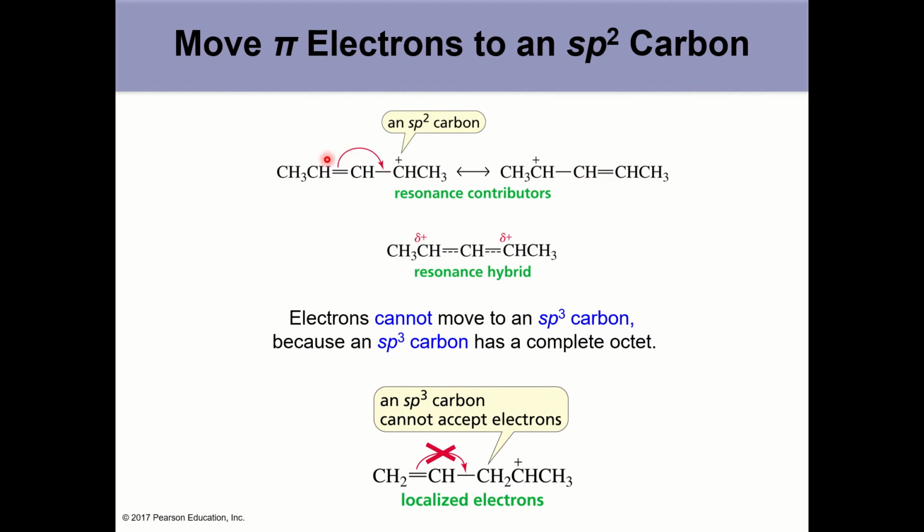What happens when I move these pi electrons is that carbon 2 loses a bond so that it now only has 3 bonds.